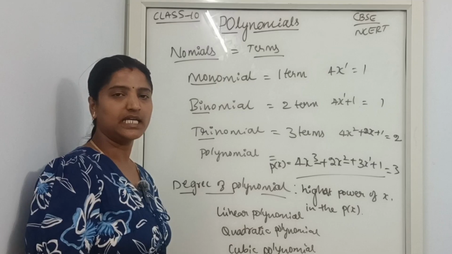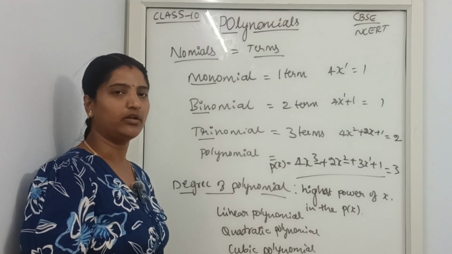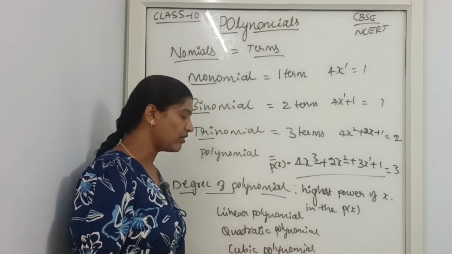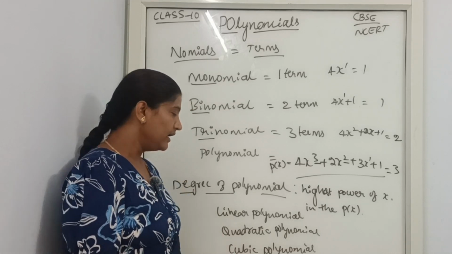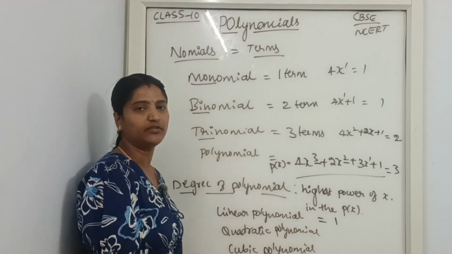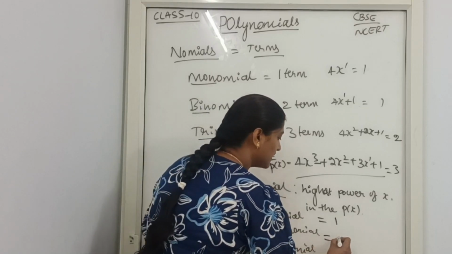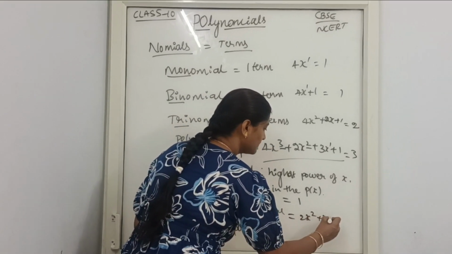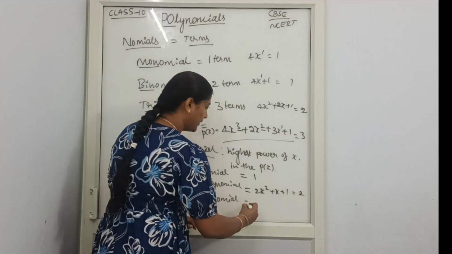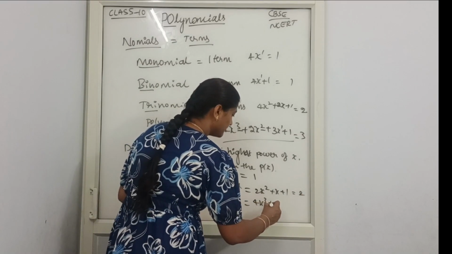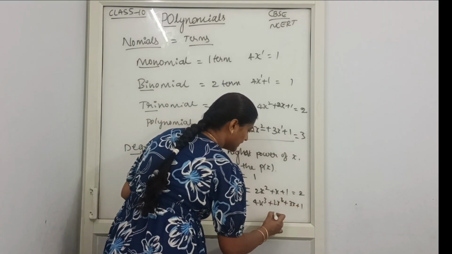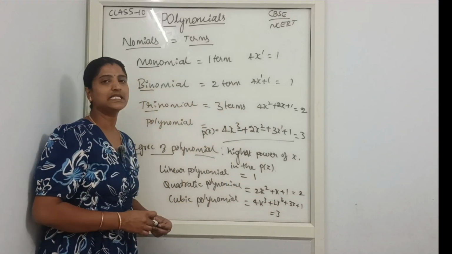Based on the degree, the highest power of the variable in the given polynomial, we can classify it as linear, quadratic and cubic polynomial. For a linear polynomial, the degree of the variable is always 1. For quadratic, the degree of the variable is 2, and for cubic, the degree of the polynomial is always 3.